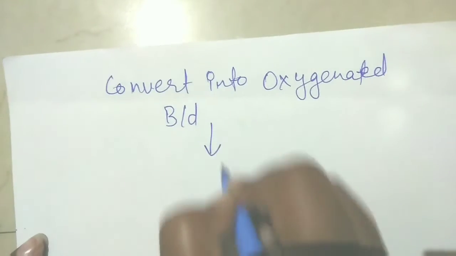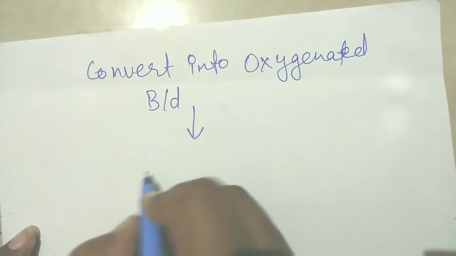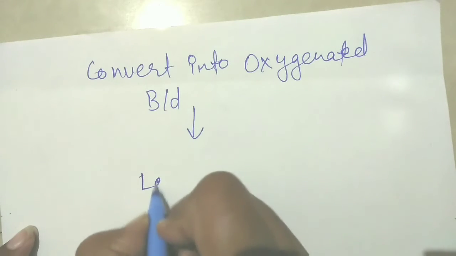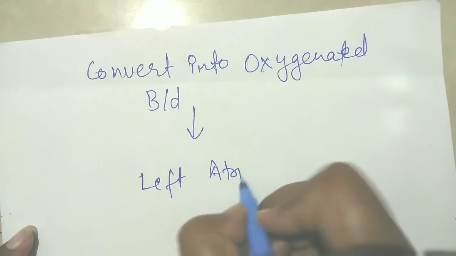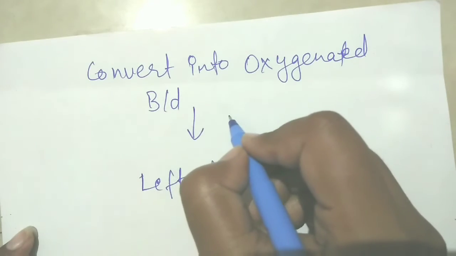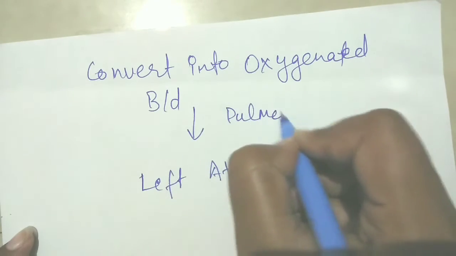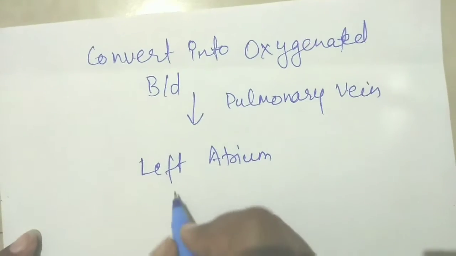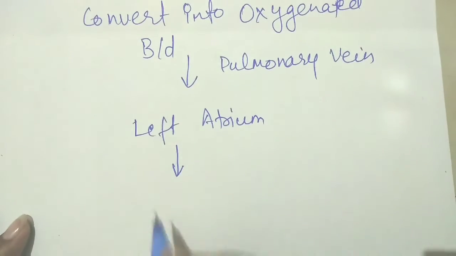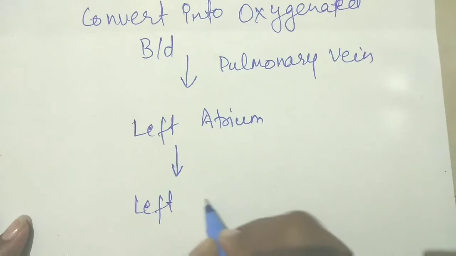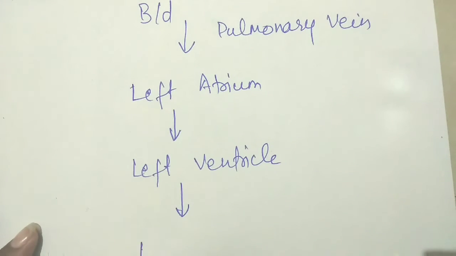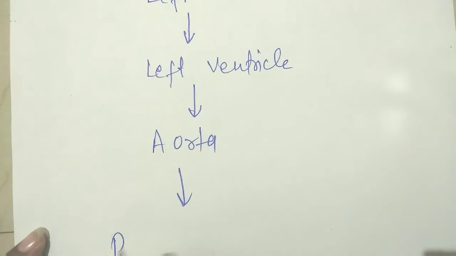and through the lungs the blood goes to the left atrium through the pulmonary vein, and from the left atrium to the left ventricle, and from the left ventricle to the aorta, and then to the rest of the body.